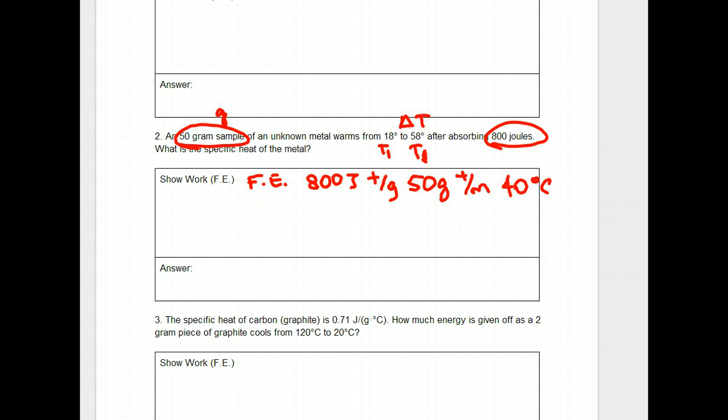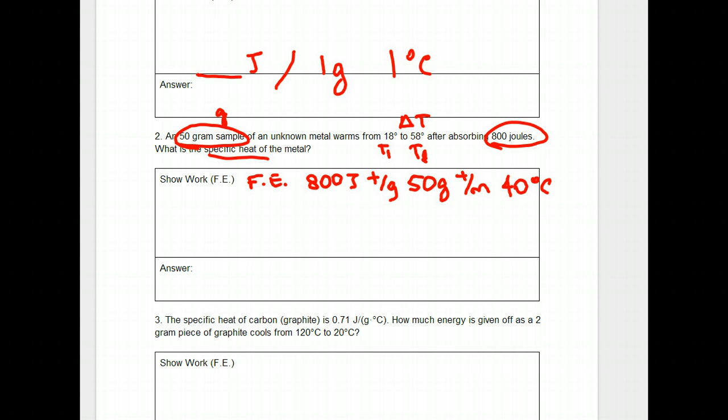So this is the information we got from the problem itself, and it's asking us for the specific heat of the metal. Now the specific heat is always a certain amount of joules for 1 gram moving 1 degree Celsius.